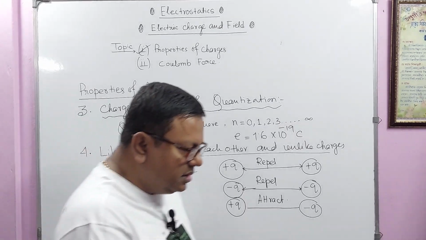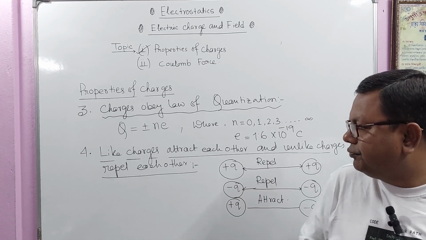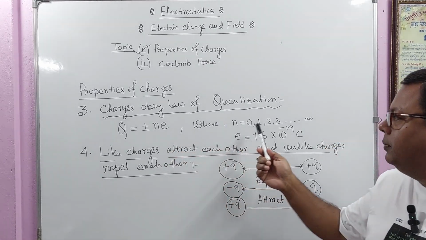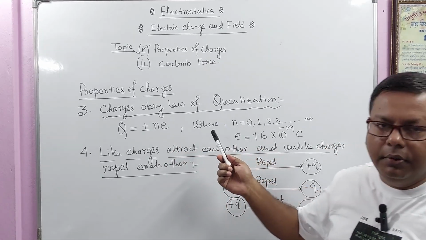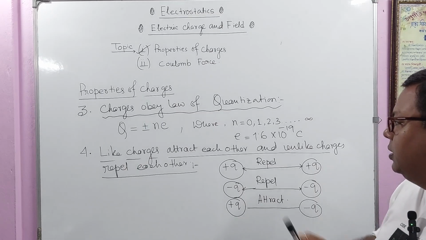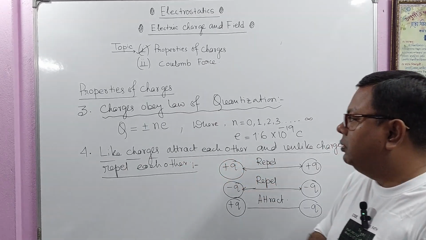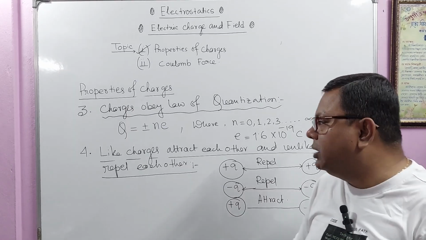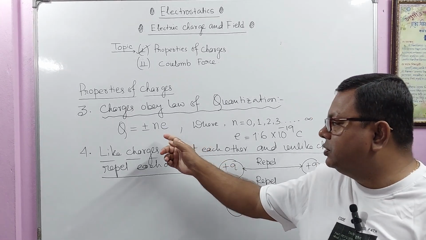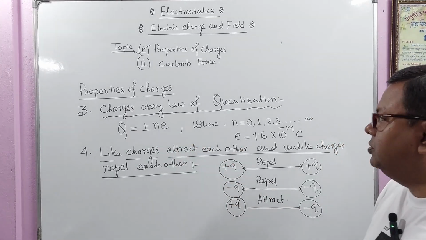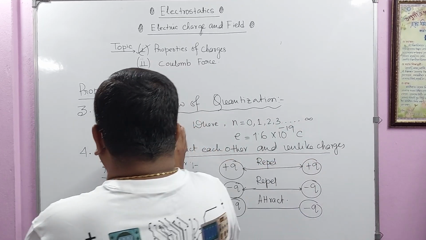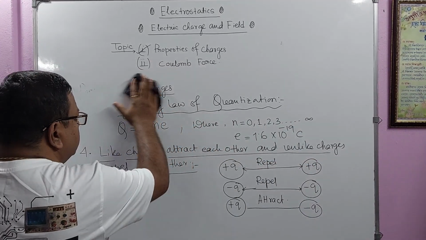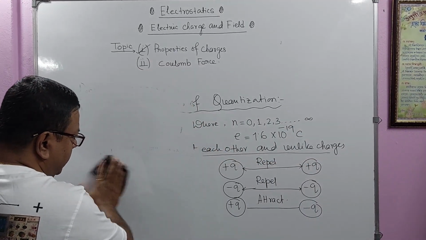Now we are going to explain the third property with a numerical example. We are considering 1 Coulomb charge and we are going to calculate the number of electrons in 1 Coulomb charge, using this quantization property.